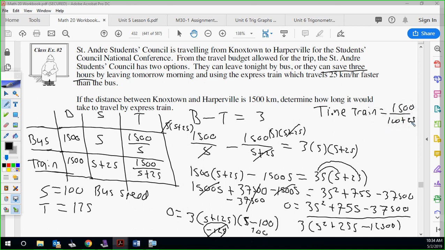I'm just writing it so you see the formula here. You know it's 125. When you do that, 1,500 divided by 125, you get 12 hours. So if it takes the express train 12 hours, we know it takes the bus how long? 15 hours. The bus is 3 hours slower. All right, and that's it for that.